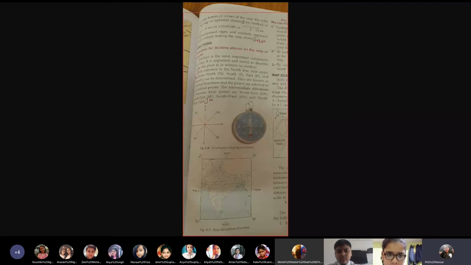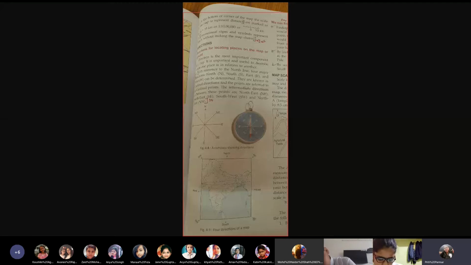With reference to the north line, four major directions, north, south, east, and west, can be determined. They are known as cardinal directions, and the points are referred to as cardinal points. The intermediate directions in between these points are northeast, southeast, northwest, and southwest.